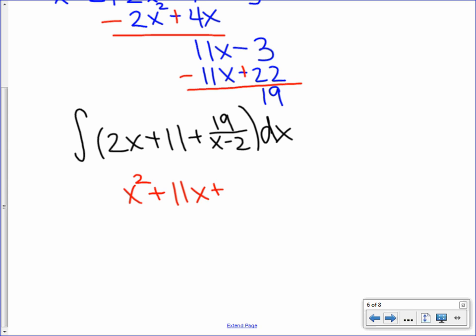Plus, what's the antiderivative of that fraction? Oh, now we have to do substitution. We don't have to do substitution. 19 is our constant. We have 1 over x minus 2, so that's going to become ln.